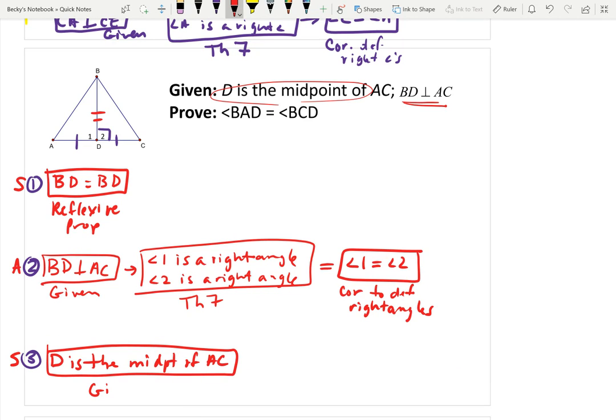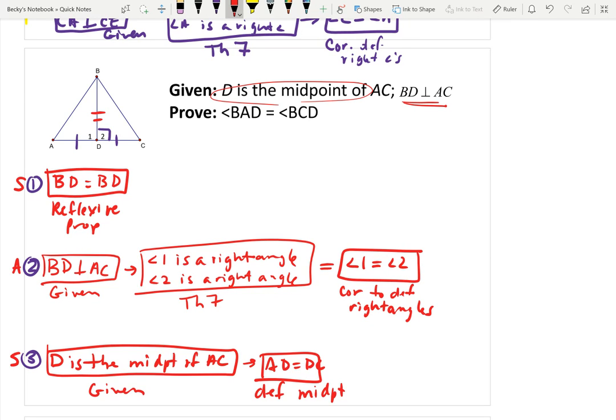Now, we're not finished because nothing is shown as being equal yet. But we know the definition of midpoint. Midpoint means it's the point in the middle that divides and makes two equal parts. So AD is equal to DC. Box it up. And what definition did we just use? Definition of midpoint. Now we have two things that are equal, so we're finished with step 3.